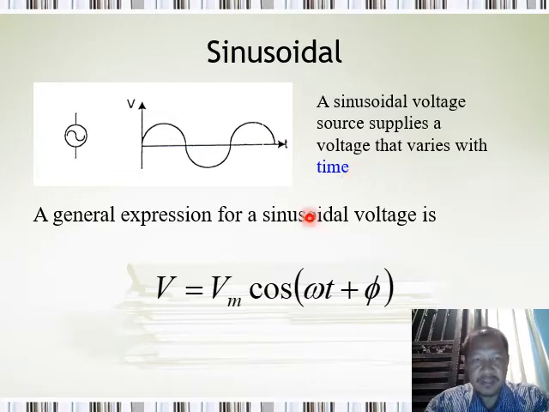So this is the general expression for a sine wave, which is V equal to Vm cos(omega t plus phi). Phi, what is phi? Phi is the phase angle. So Vm is Vmax, cos(omega t plus phi).